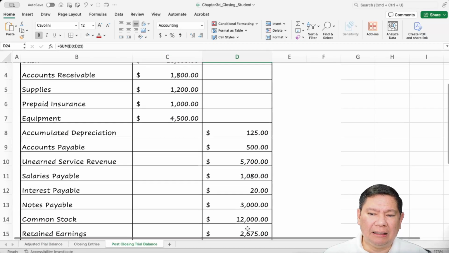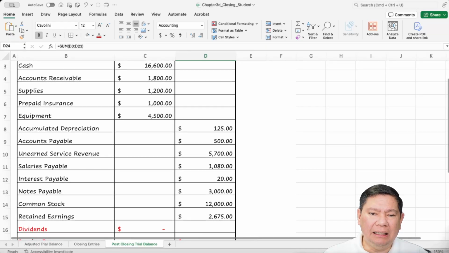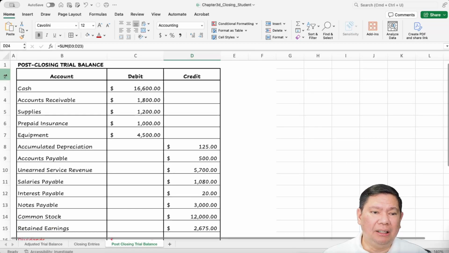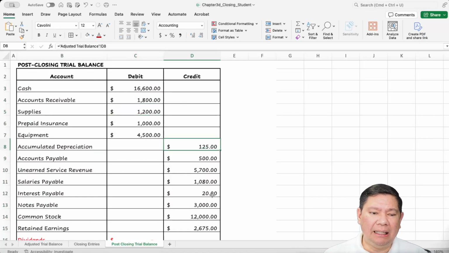So what are carried over to April are the permanent accounts. These are our beginning balance sheet accounts: the assets, the liabilities, the common stock, and the newly calculated retained earnings.